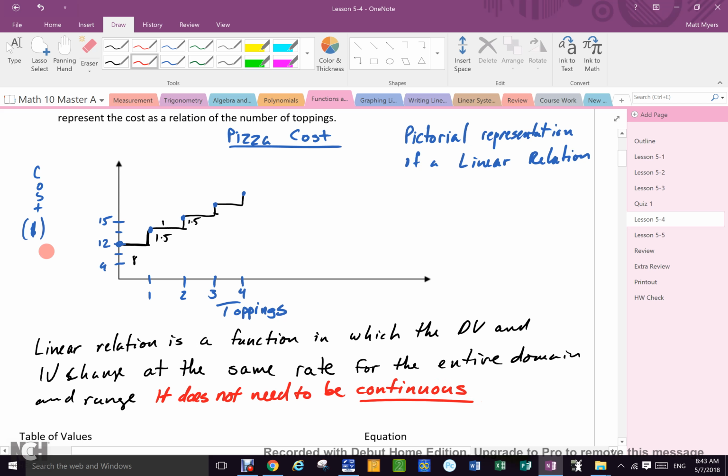You don't need the line to make it a linear relation. As long as the rate of change is always the same, it's still a linear relation, whether it is discrete or continuous. Everybody okay? All right.